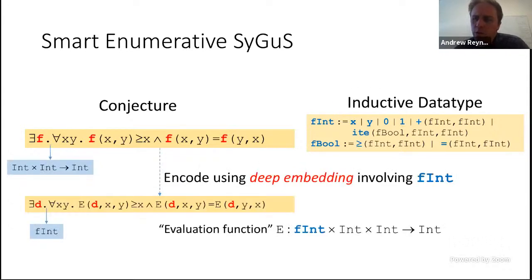With this input conjecture, we turn the higher order quantification on f into first order quantification on this data type, which I'm calling f_int. This is done via a deep embedding, which also relies on evaluation functions E that essentially map the data type representation of our function to its actual behavior on the integers.